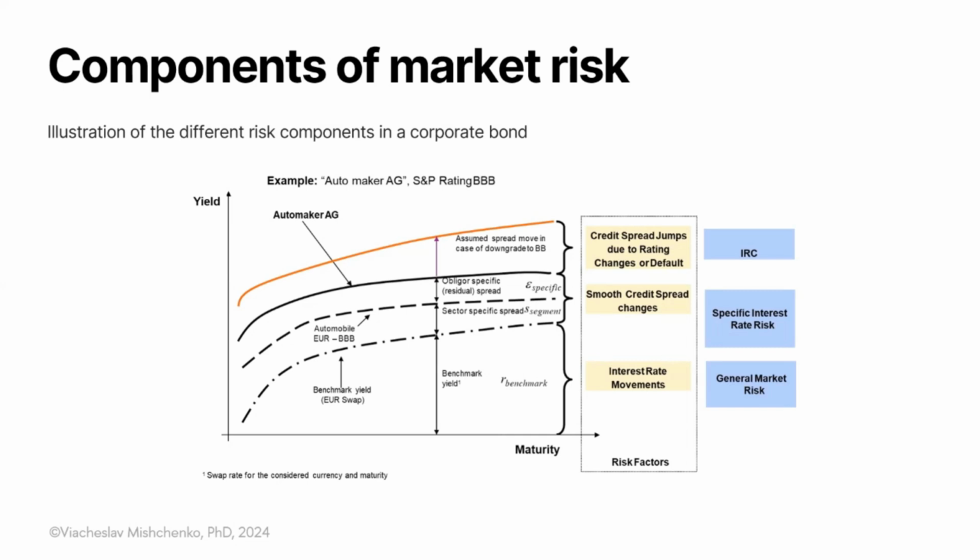And we have to notice here that the yield can change due to various factors. For example, general interest rate movements, smooth credit spread changes, or even sudden jumps from rating changes or default. All of these factors may strongly influence the yield of the fixed income and the price of the fixed income as well, for sure.